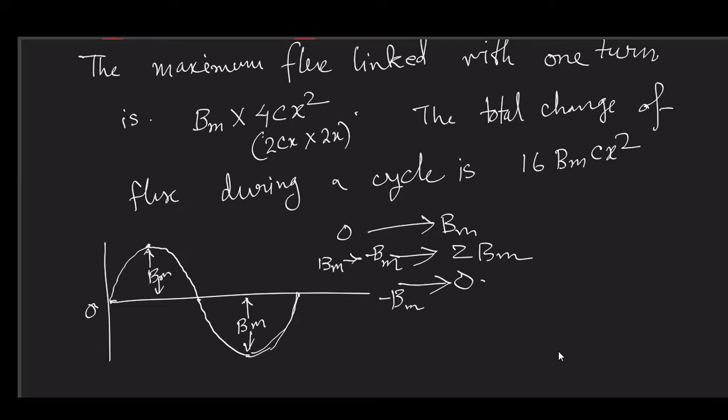So the total flux density change is 4 Bm.